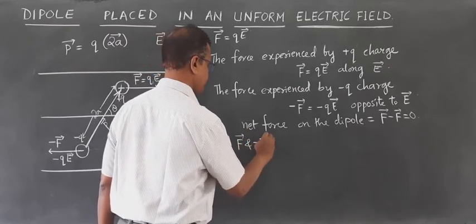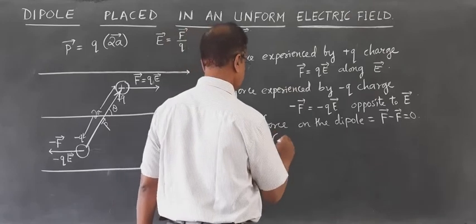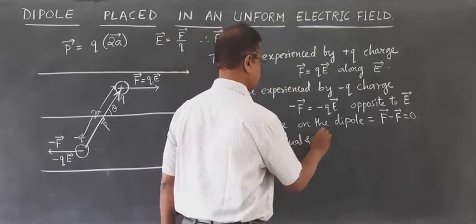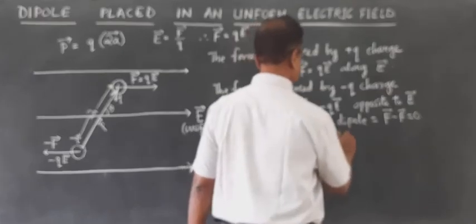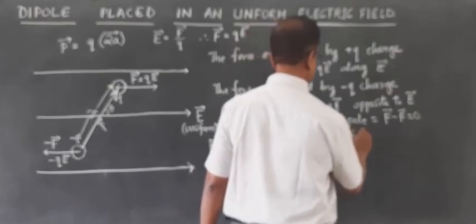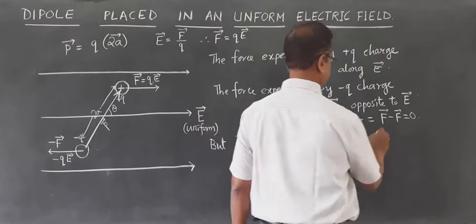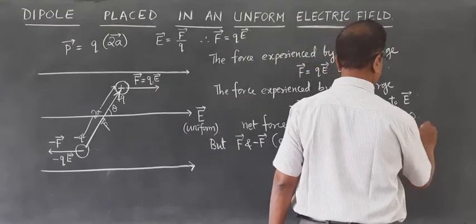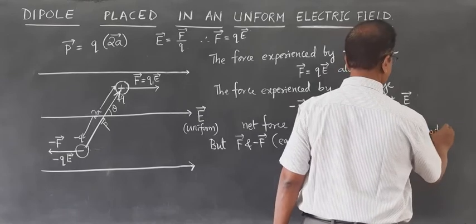F and minus F, equal and opposite forces acting at two different points.